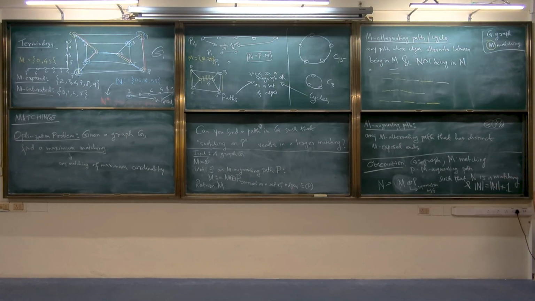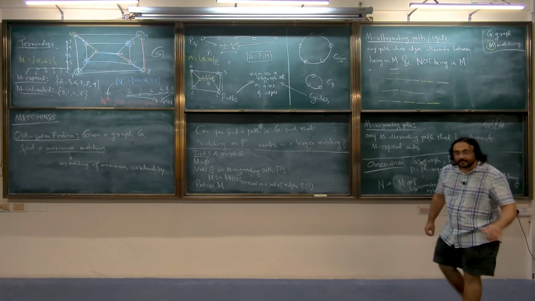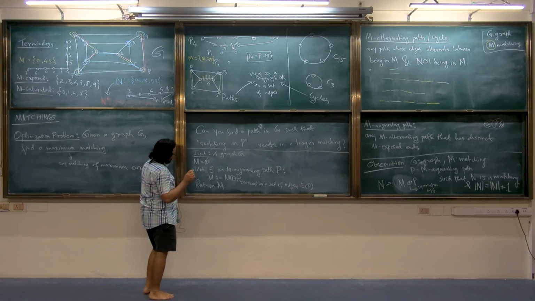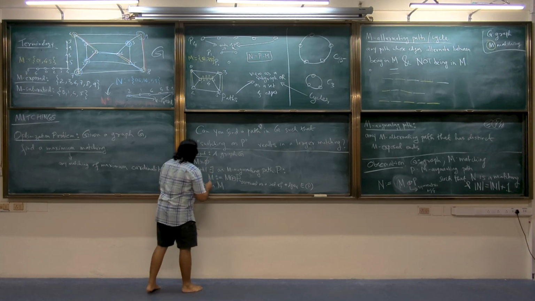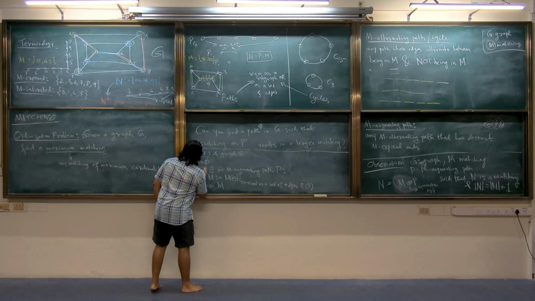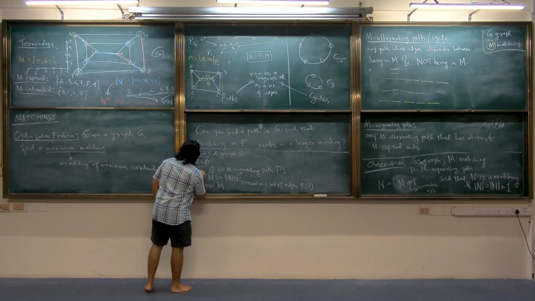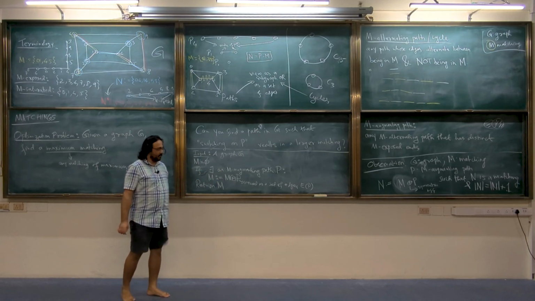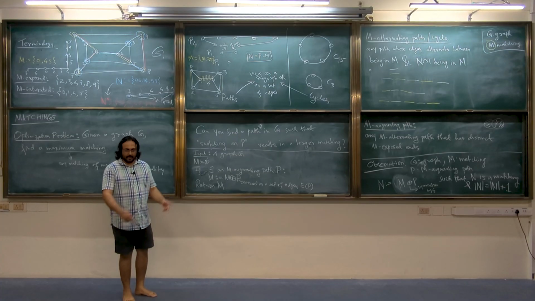Isn't it until that does not exist? Until that does not exist, yes, sorry. Okay, let me just remove "until" since it's confusing. If there exists an augmenting path, do the following, else you break out of this.